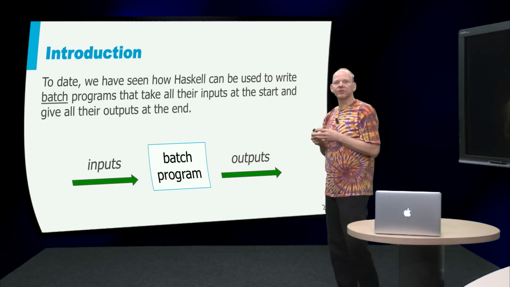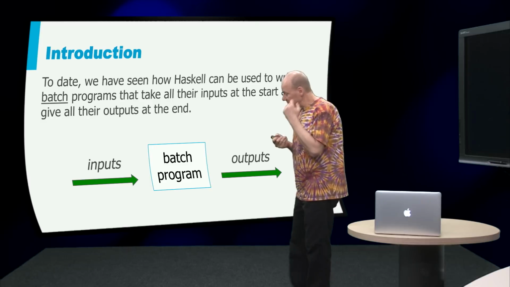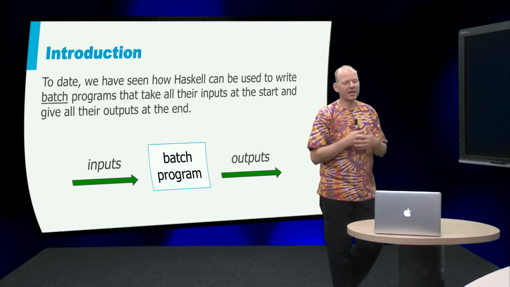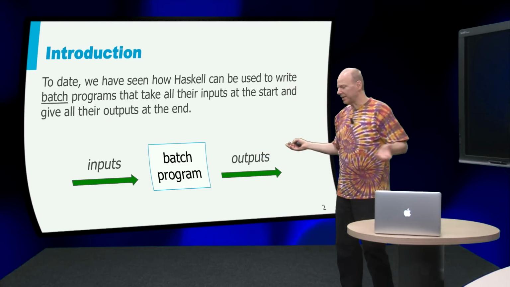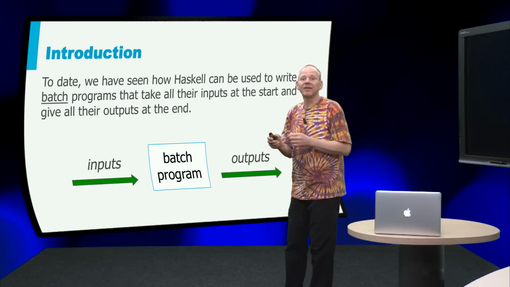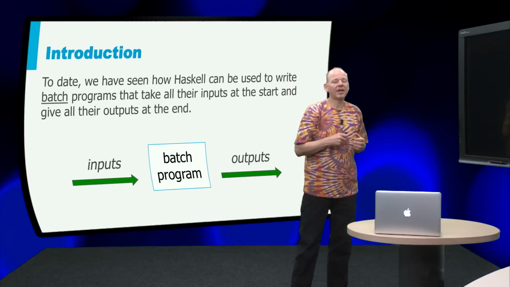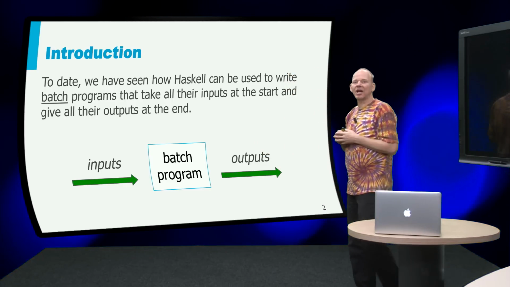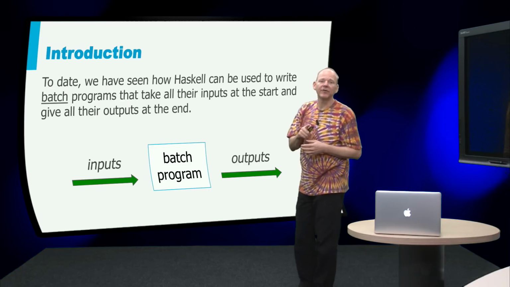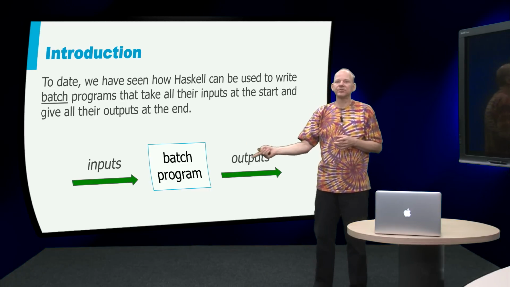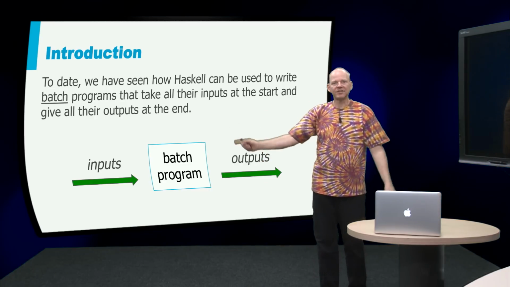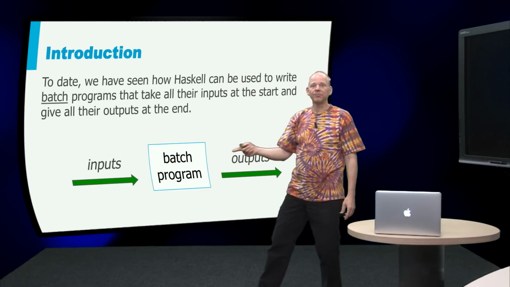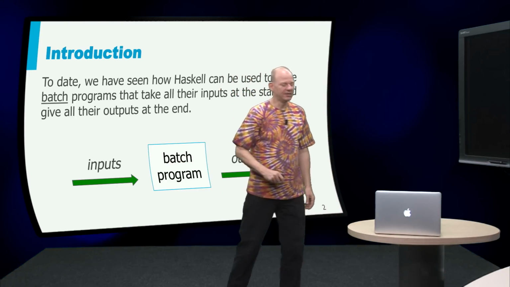But what we really want is to write programs like every Java program, like every C# program, like any imperative program that takes inputs from the external world, does something with it, and produces outputs. And in fact, what we want is that it produces output as it's getting new inputs.